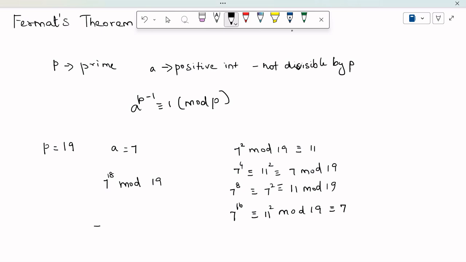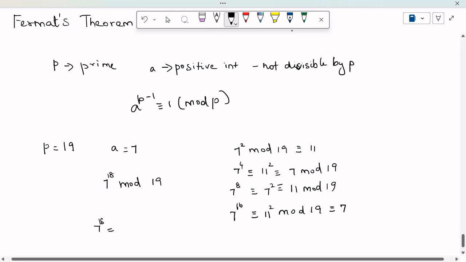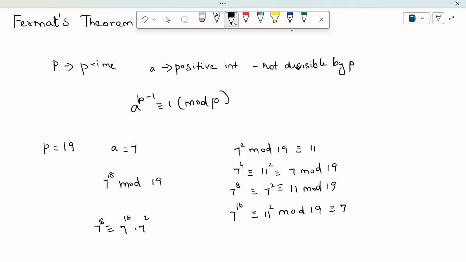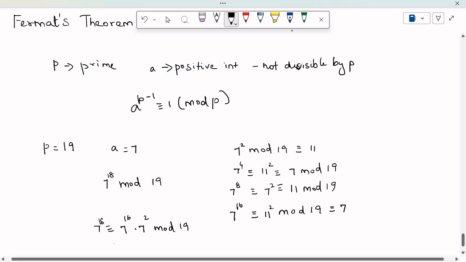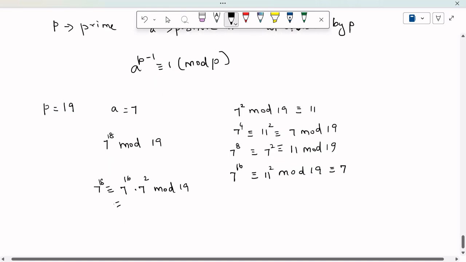So 7 power 18 is equivalent to 7 power 16 plus 2. So 7 power 16 is 7, and 7 square is 11.